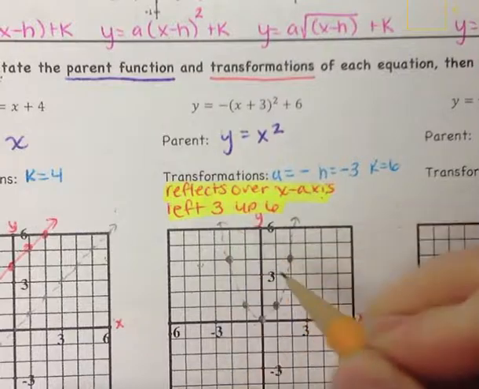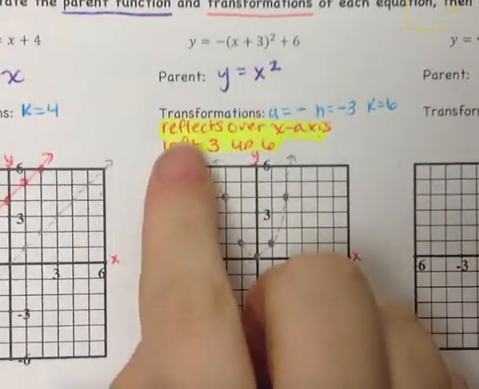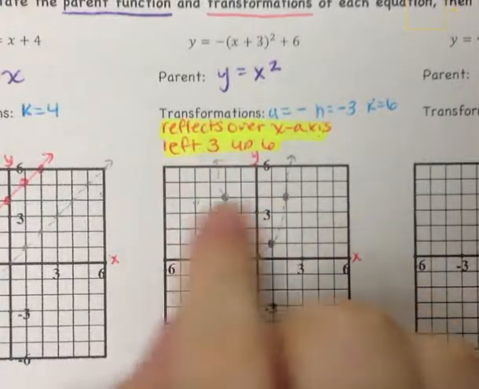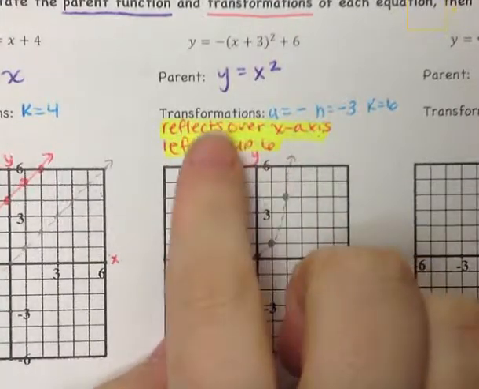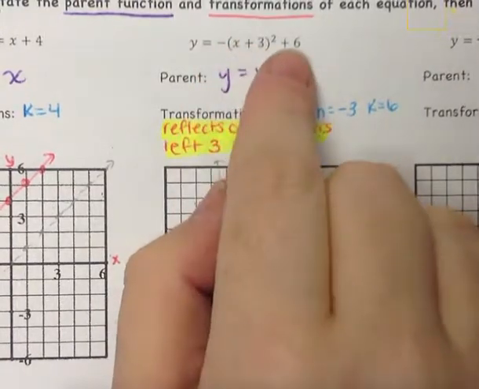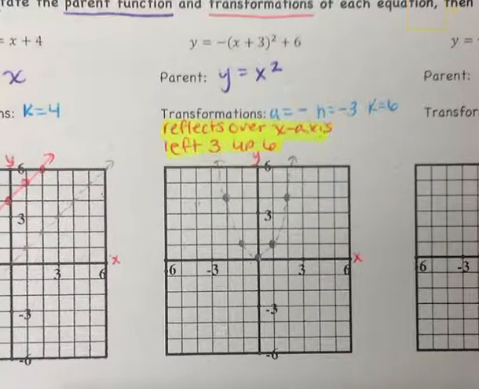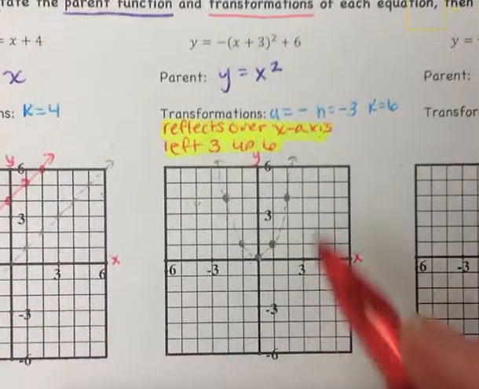This is just the parent function. So what we can do, we can actually create the graph from the parent function using the transformations. We can also just graph this, get the coordinates, and just graph it. But without the use of a calculator, it is still possible.